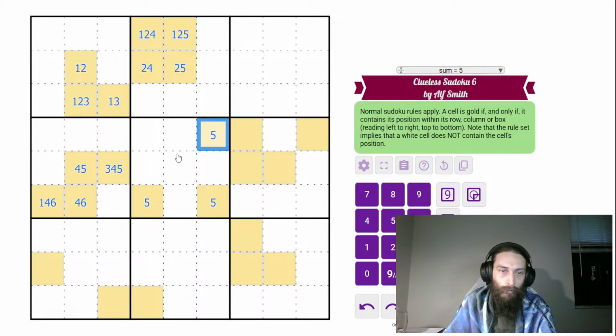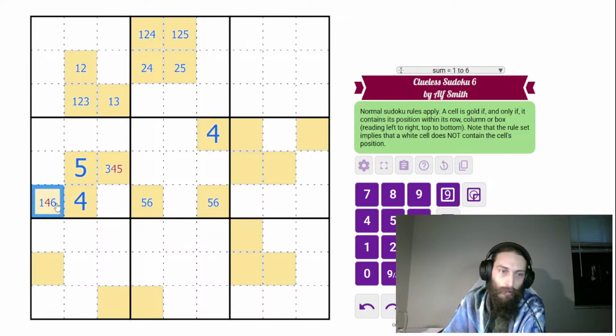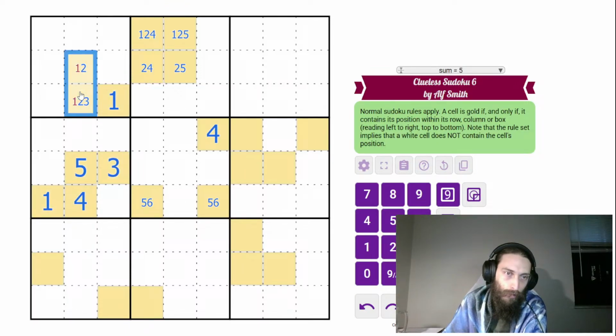Okay, box 5, column 4, row 4, and column 6, row 6. Now the 4 here takes the 4 out of that. 5, 6 pair places a 4. 4, 5, 1, 3, 1, 2, 3, 4, 5.